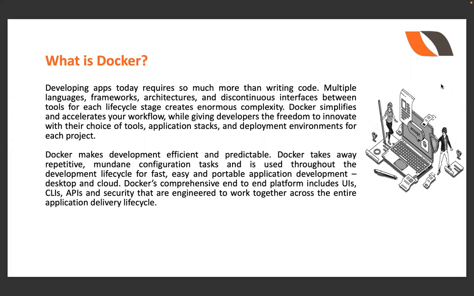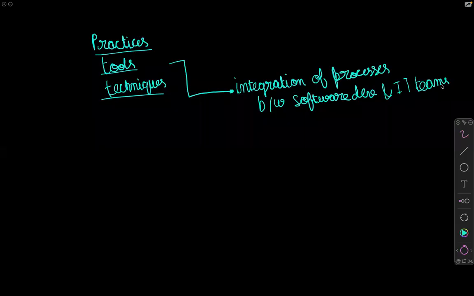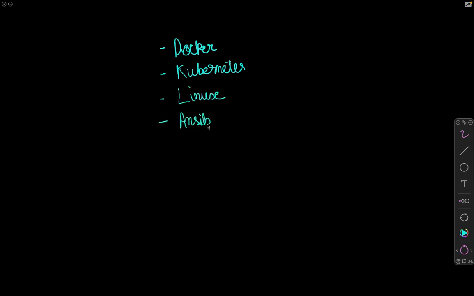DevOps is a very big domain, right? In DevOps, you are going to find Docker. In DevOps, you're going to find Kubernetes. In DevOps, you're going to find Linux. You're going to find Ansible.